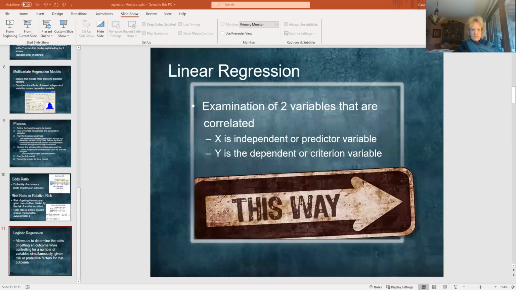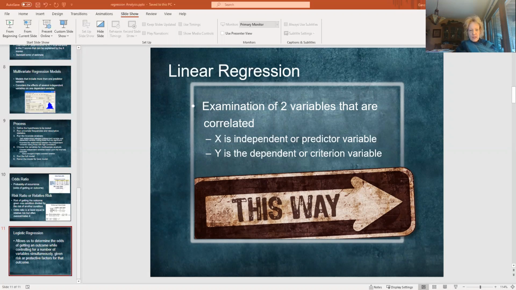Presentations are a powerful communication medium. So let's use this example. If we wanted to talk about how presentations might predict whether or not a product was purchased or an intervention was adopted, we could look at X being the independent or predictor variable.